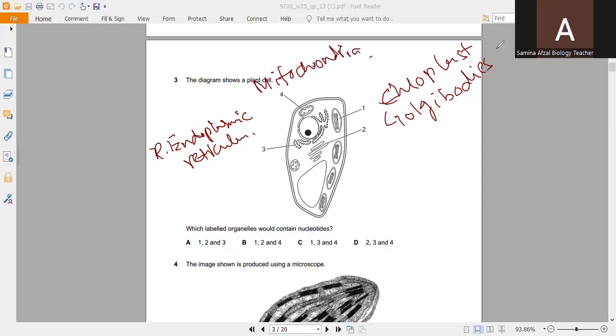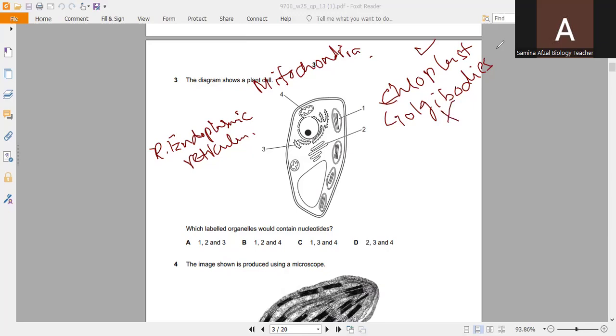Now, which labeled organelles would contain nucleotides? Chloroplast: they are semi-autonomous with their own DNA, RNA, and internal nucleotide pools, whereas Golgi bodies do not have their own genetic material.